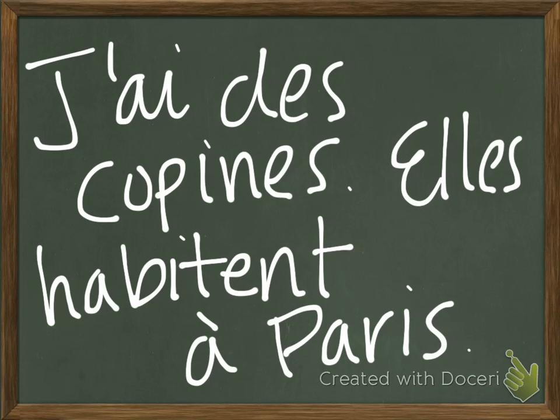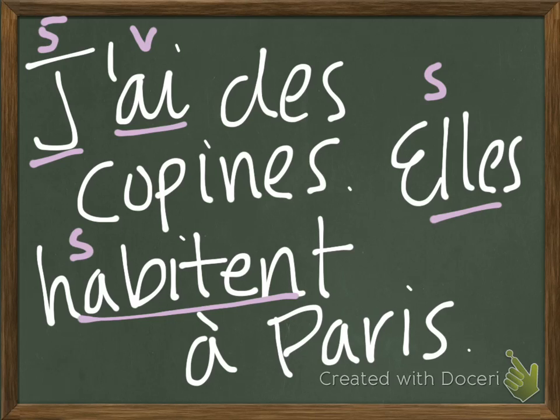So if you look at these two sentences, this first example, we have J'ai des copines, elles habitent à Paris. So the purpose of this is to combine these two sentences with the relative pronoun qui. So if you notice here, you have a subject and you have a verb. And here you have a subject and you have a verb.